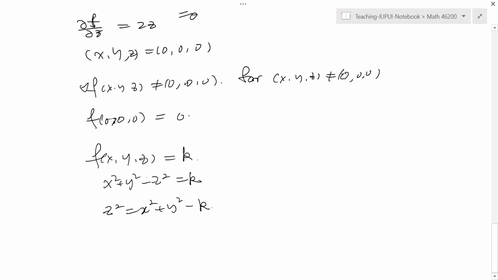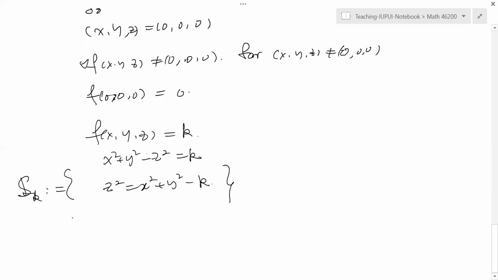This is a surface, S_k, determined by this equation. If k is not 0, S_k is a smooth surface. Why?